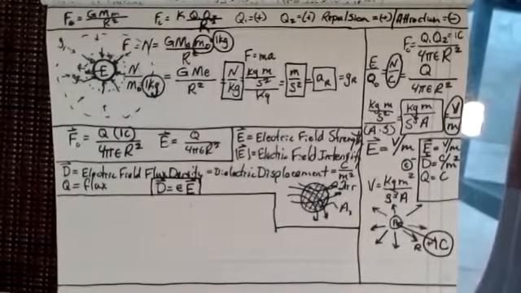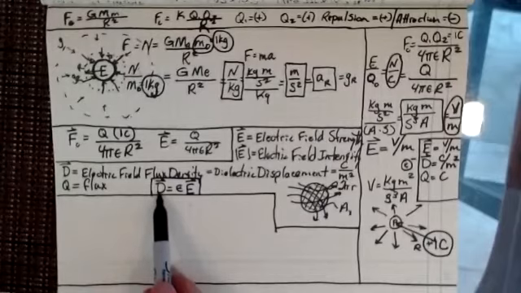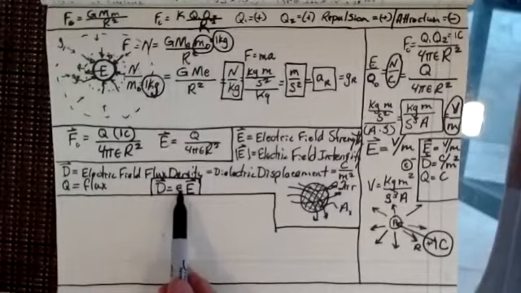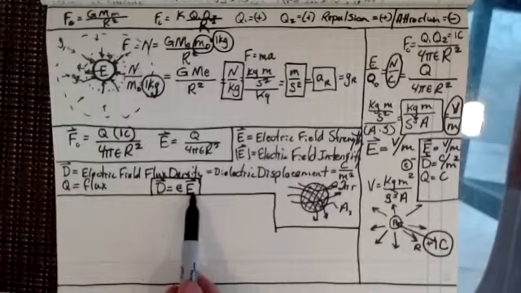Where have I seen something like that before, where the flux density equals some type of constant times the field strength?